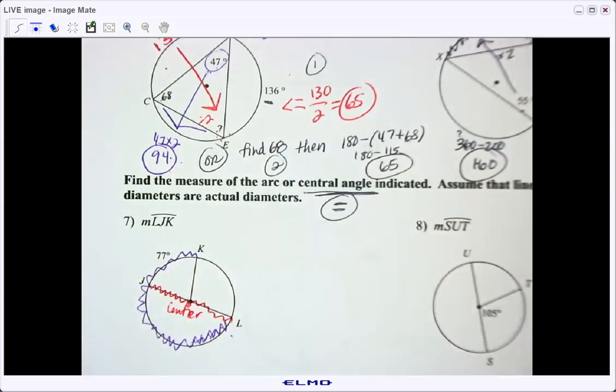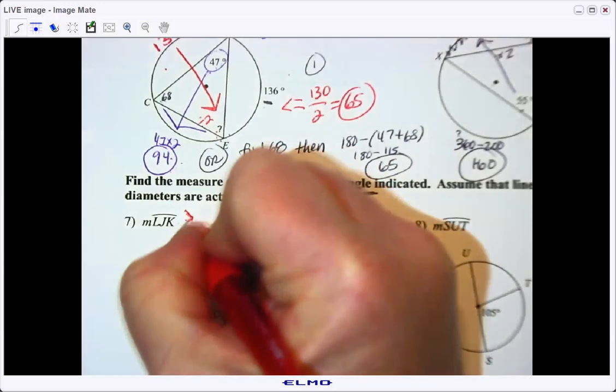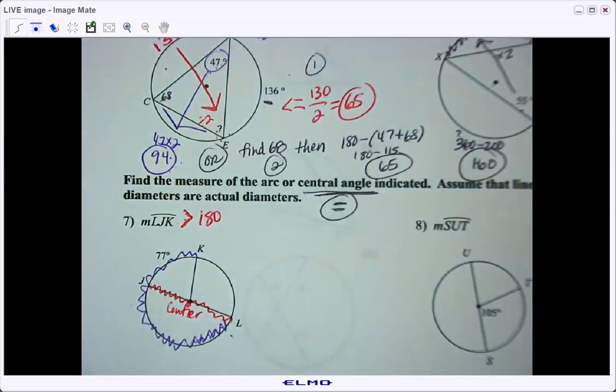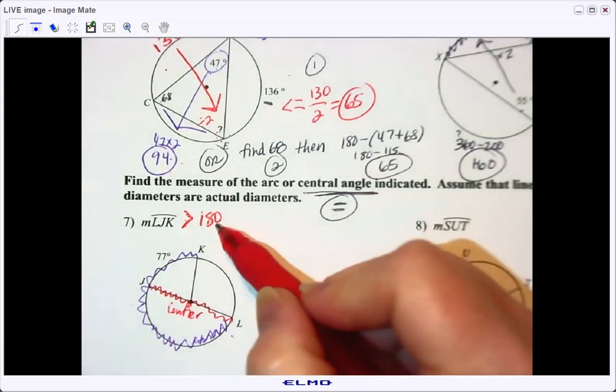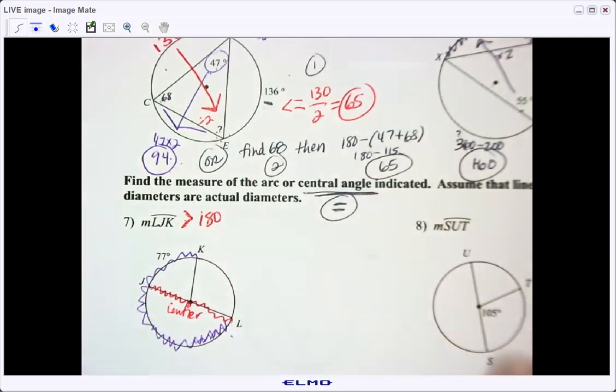Remember, guys, because it's 3 letters, your final answer is greater than 180. So if you've got an answer of 103, that means you're thinking about this, and I appreciate that. But also realize that your answer needs to be bigger than 180. So that might tell you, oh, I need to go back and do something different.